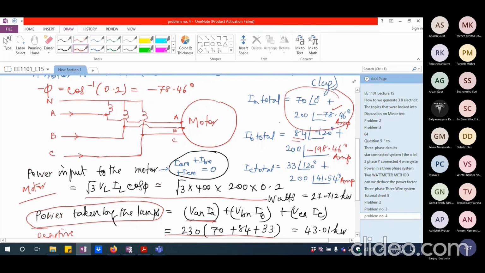So it is like touching your nose with a lot of roundabout route. You can directly touch your nose. So you can directly calculate balanced output for the motor and the power taken by the lamps because they are only resistive in nature. So you didn't have to do anything special here. Directly voltage multiplied by current will give you volt ampere as well as wattage because cos phi is 1. Okay?